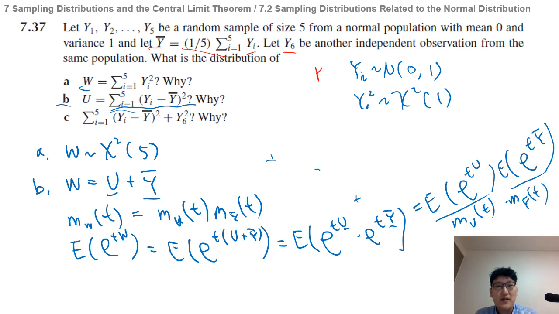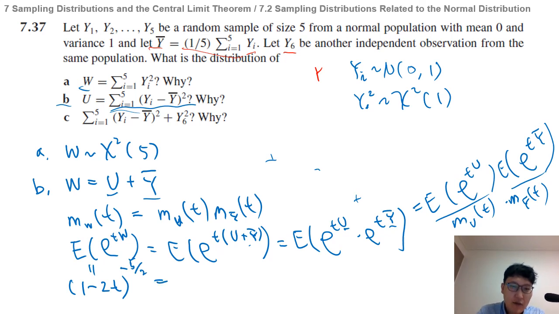From here, you also know that W follows a chi-square distribution with degrees of freedom 5, and the moment generating function for a chi-square distribution is 1 minus 2t to the minus n over 2, which is 5 over 2.